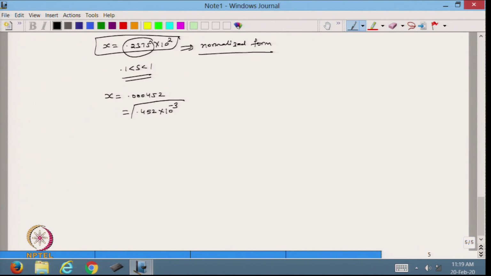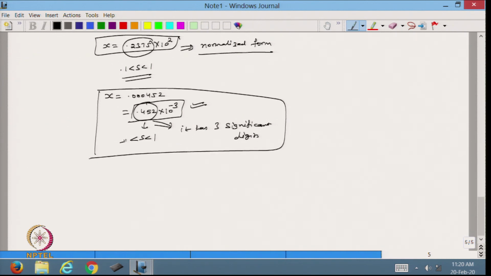In this case my s lies between 0.1 and 1, and this is the exponent. This number is in the normalized form, and it has 3 significant digits. So, that is the normalized form of a decimal number.